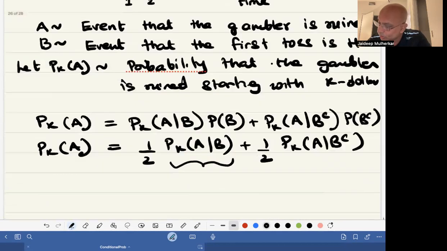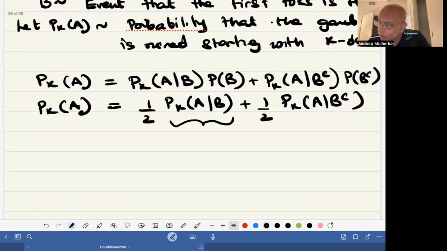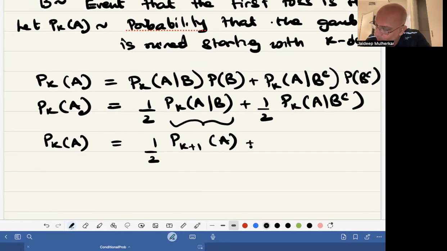And if the first toss is a tail, the gambler will move to position K minus 1, and then it is the probability that the gambler gets ruined starting with K minus $1 of capital. So this is half Pk plus 1 of A plus half Pk minus 1 of A.